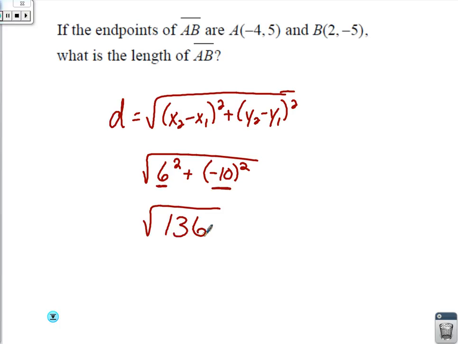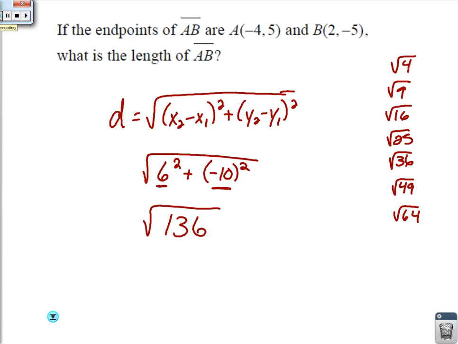Let's use our new stuff. Don't leave it as root of 136. That's exact, but let's see if we can break this down. We've got to find some number that will divide into 136 that we know the square root of. I know the square root of 4, 9, 16, 25, 36, 49, 64, and so on. Take your calculator out and see if you can find one of these perfect squares located in 136.